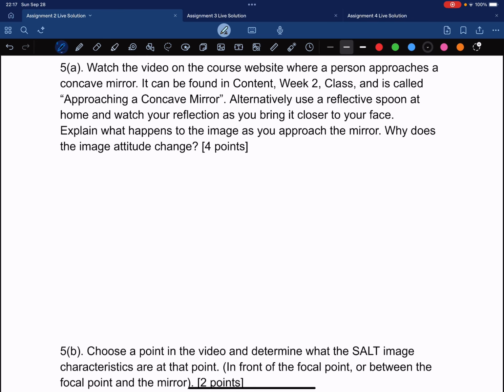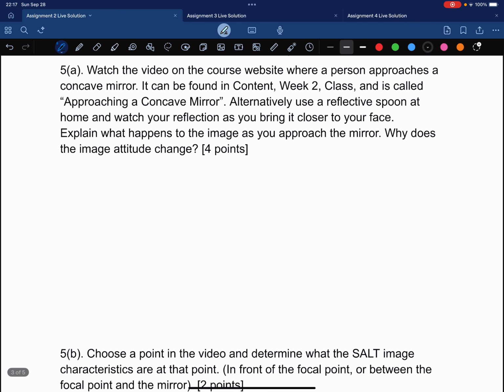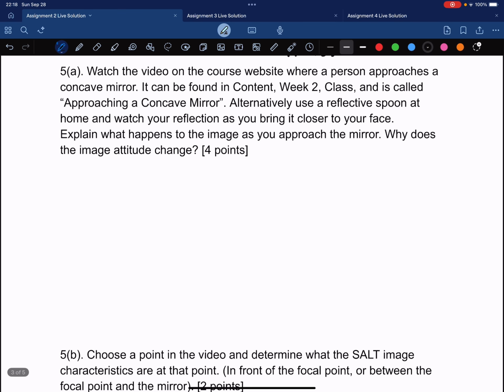In this video, I won't show it on this recording, so it'll be up to you to go reference that video if you want to take another look. In the video, a person approaches a mirror, or you can see basically the same thing in a shiny, not too scratched up spoon. Something that gives you specular reflection and not diffuse will work.